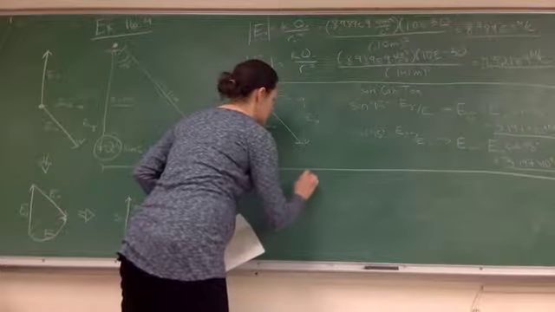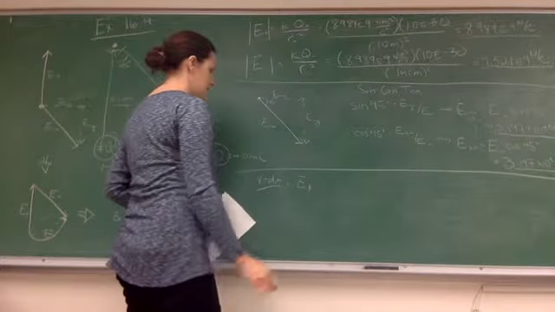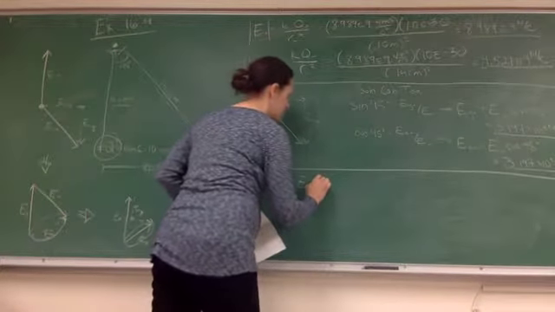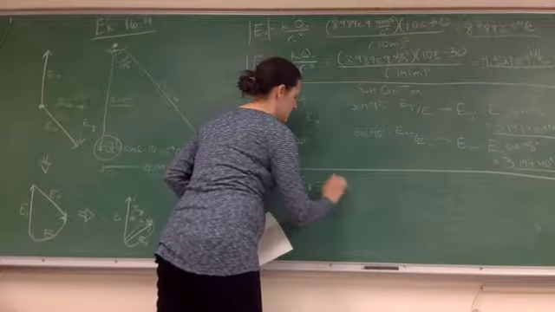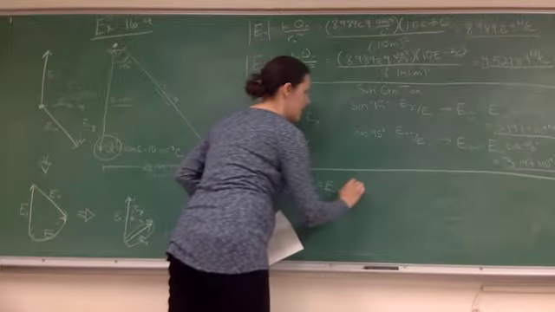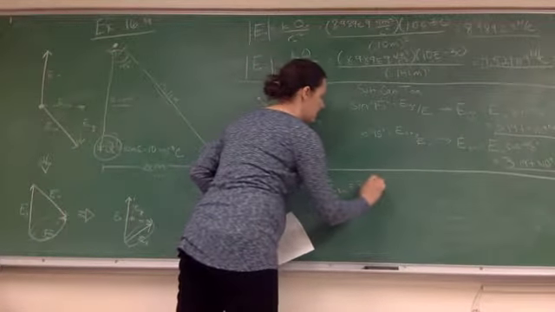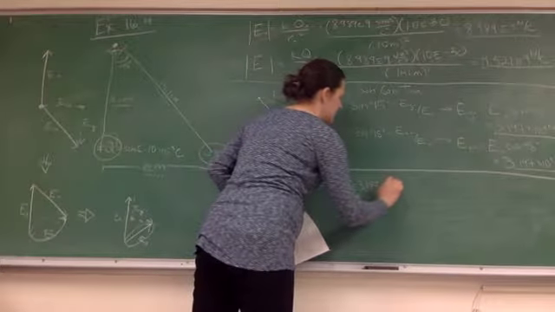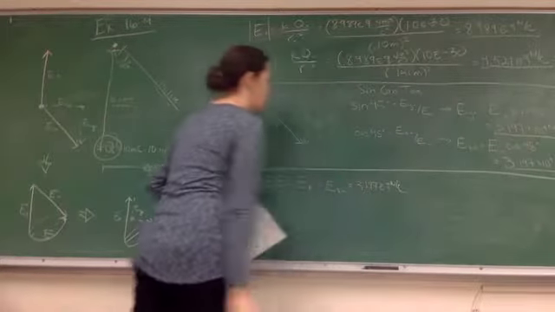So E_x, the net E in the x direction, is going to be just E_x minus, and that is 3.197 times 10 to the 9th newtons per coulomb.